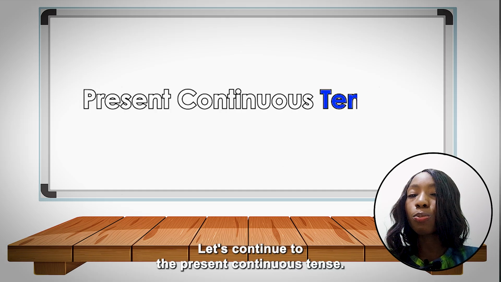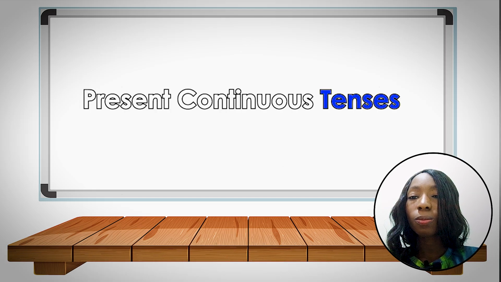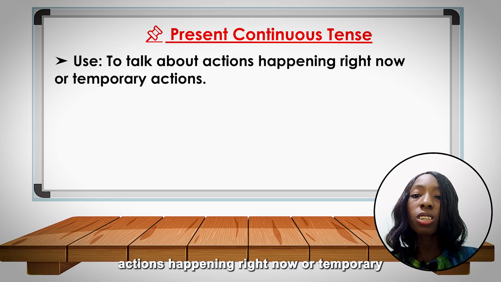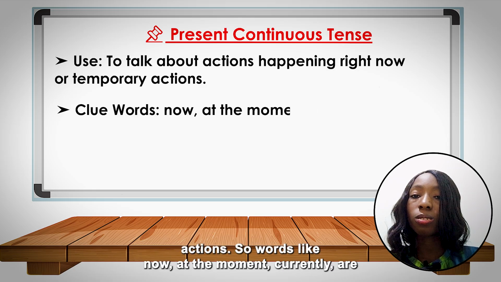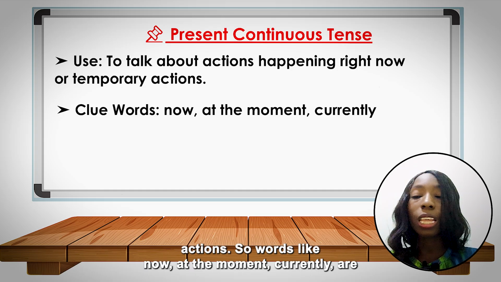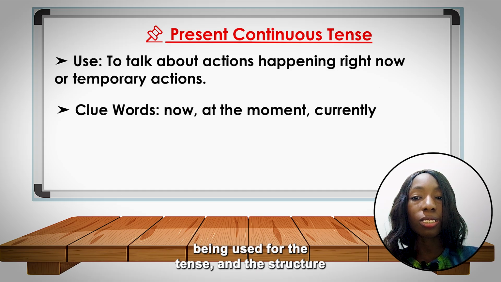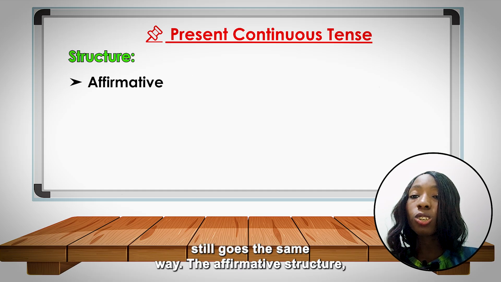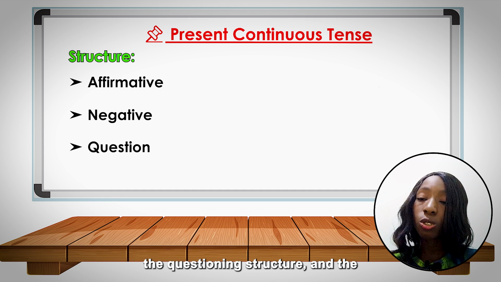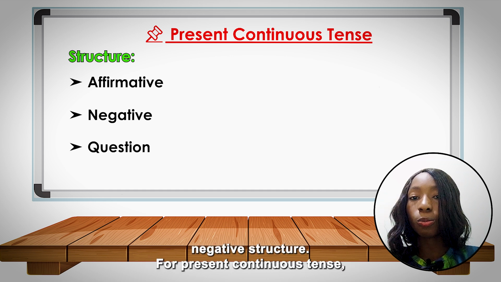Let's continue to the present continuous tense. The present continuous tense is used to talk about actions happening right now or temporary actions. So, words like now, at the moment, currently are being used for these tenses. And the structure still goes the same way. The affirmative structure, the questioning structure, and the negative structure.